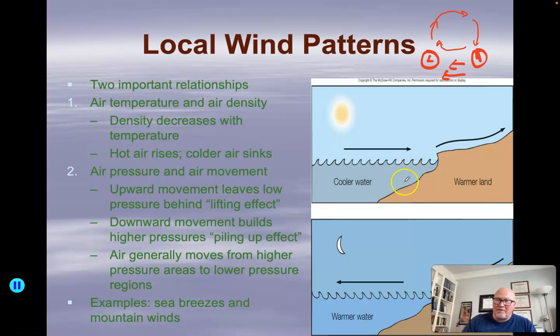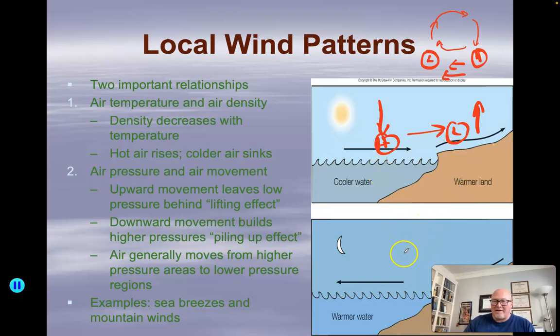And you can see this from these images here. Warmer land, so the air is going to rise, which creates low pressure. Colder air over the water drops, creating a high pressure. So from this high pressure system to the low pressure, air is going to move from a high pressure to a low pressure.